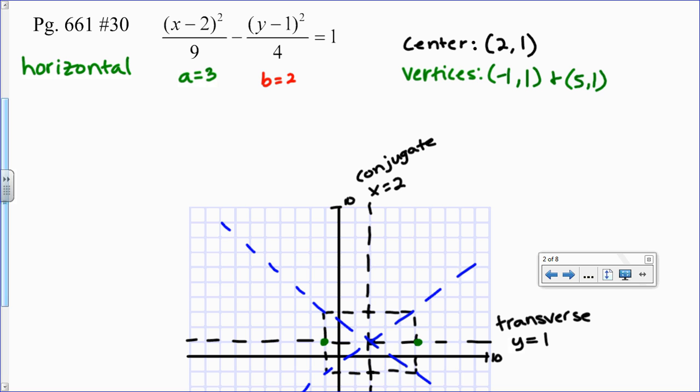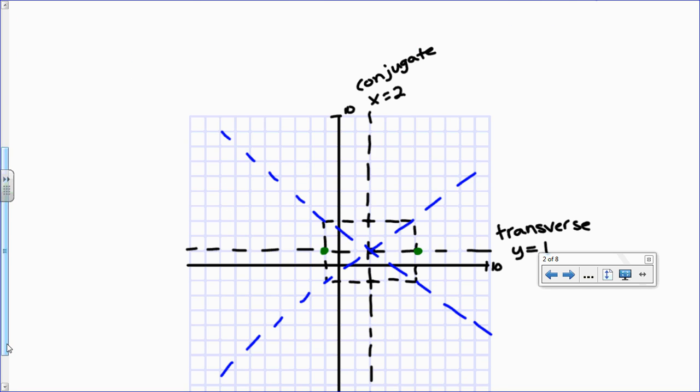Okay, so go ahead and sketch in your hyperbola. Don't forget to do that part. Does the hyperbola actually go through the vertex? Yeah, it does.